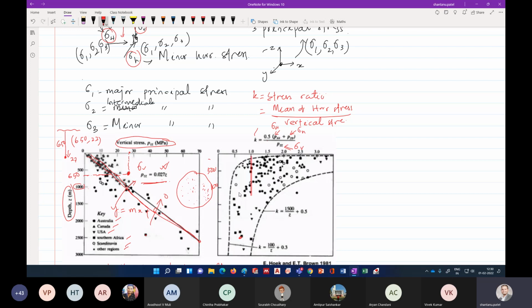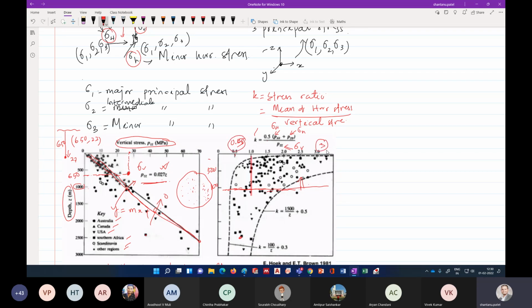Okay, so in this case, you see all our projects are lying above this line. You can see the K ratio, which is the ratio between your horizontal and vertical stress, lies from 0.5 all the way up to 3, right, or even more than 3.